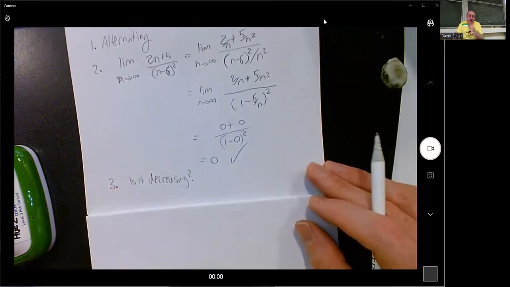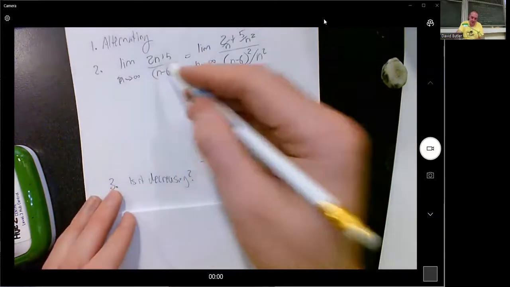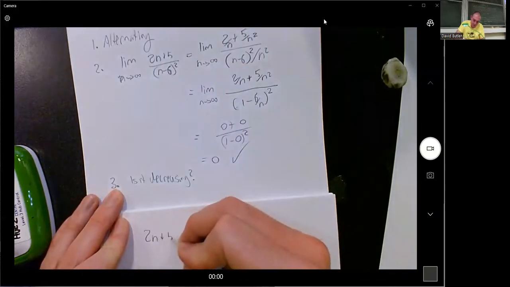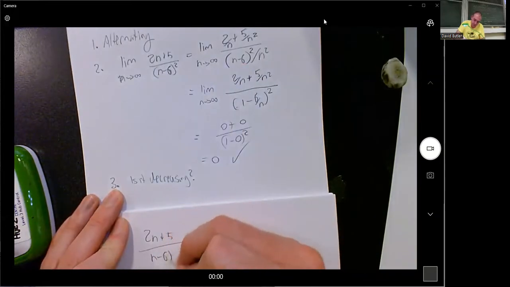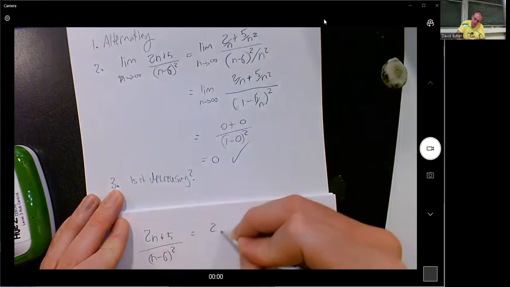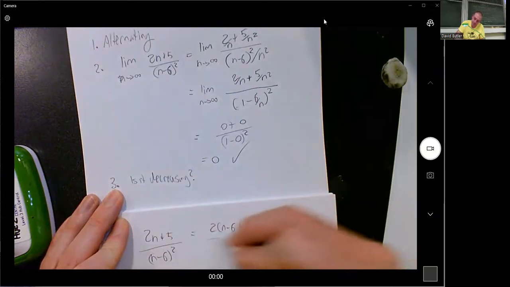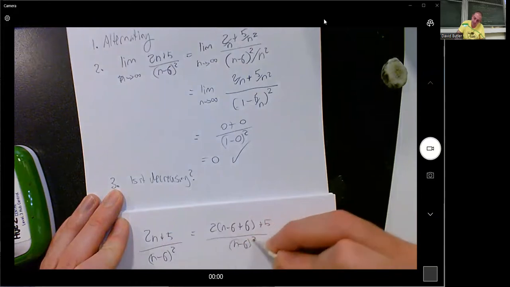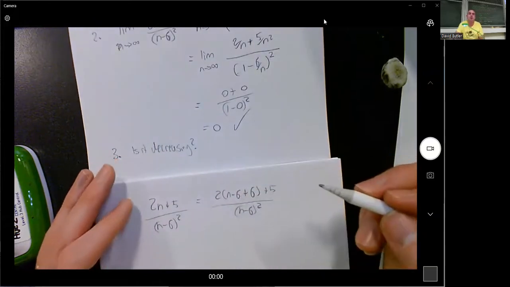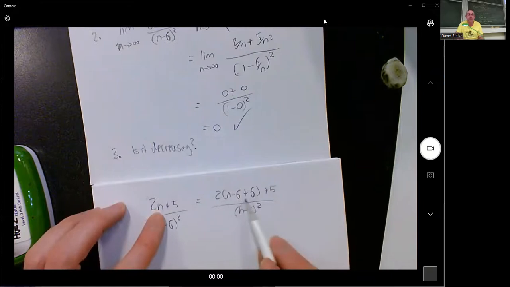Ah, I've got a plan. If it was an n minus 6 on the top, I'd be good. So I'm going to put a minus 6 and a plus 6 in here.